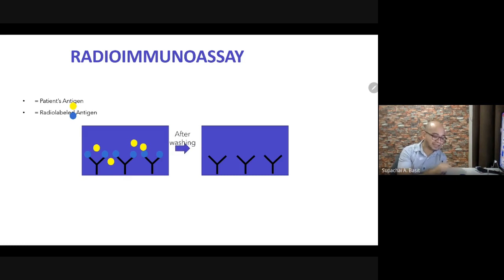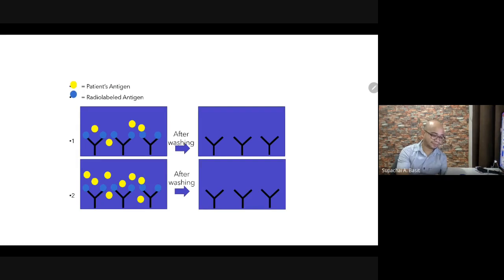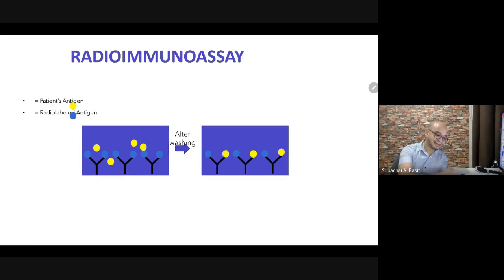So after washing, those that are unbound will be removed, and then this is measured. Since you have here patient's antigen, there would be signal that is measured by the gamma counter.